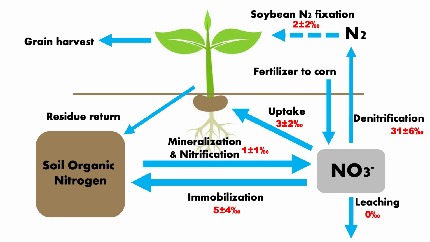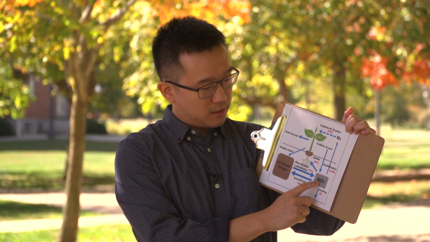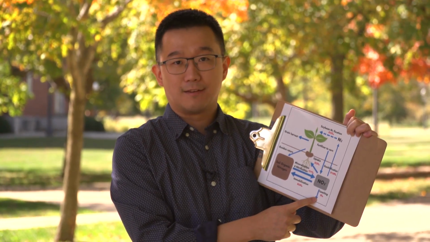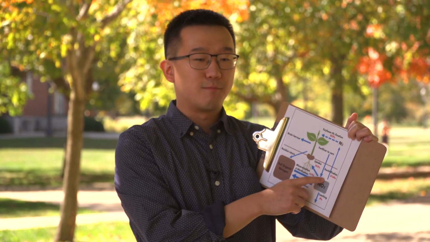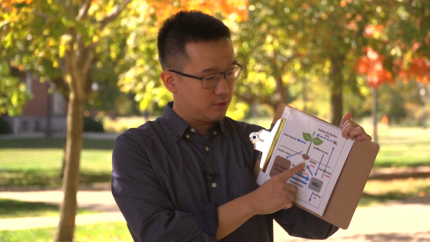We will specifically look at a variety of nitrogen cycling processes, including mineralization, nitrification, and immobilization, which is just the uptake of inorganic nitrogen back to the organic form. And in terms of nitrate, we'll be looking at leaching. Of course, we're looking at tile drainage, so we will have a very good idea about how much nitrate is leached from the system.